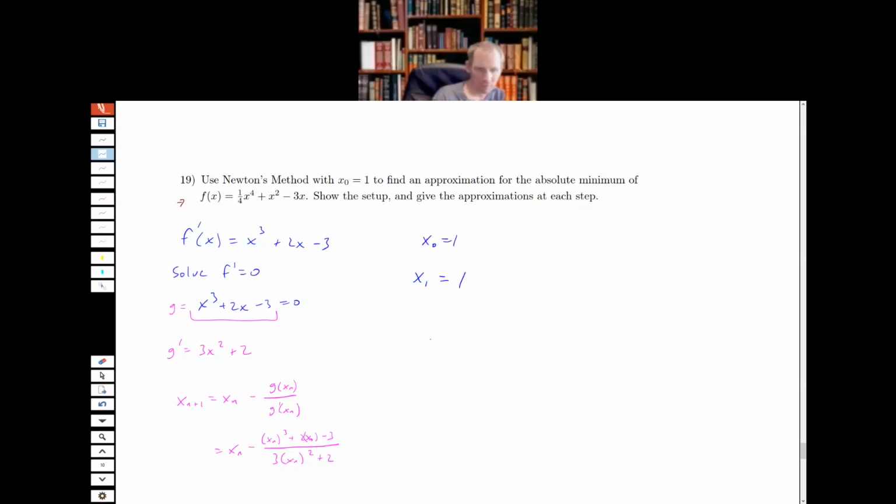So that's it. If we want to write this out neatly by hand, x1 would be 1 minus 1 cubed plus 2 times 1 minus 3 over 3 times 1 squared plus 2. And we get 1.